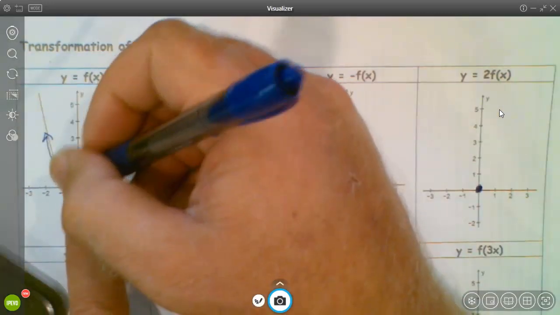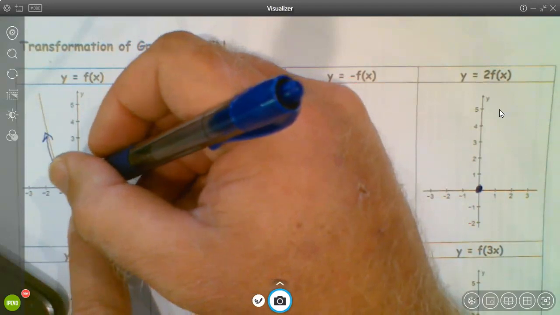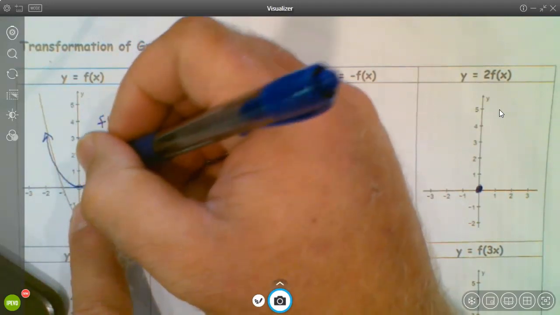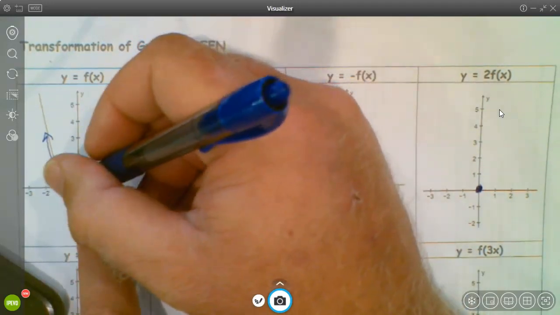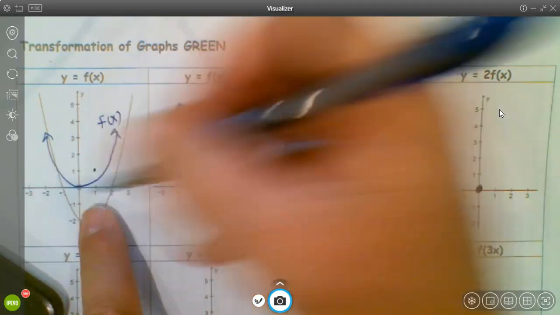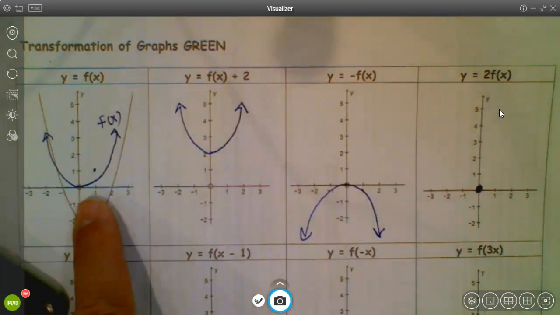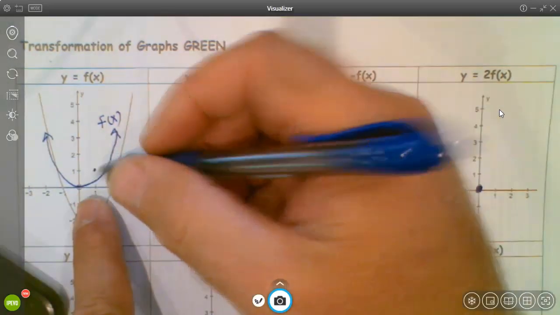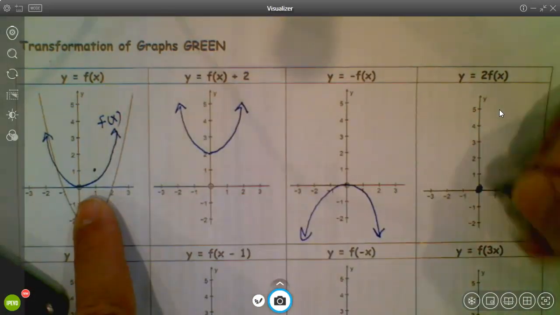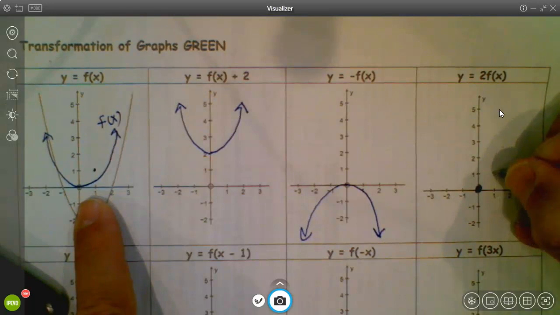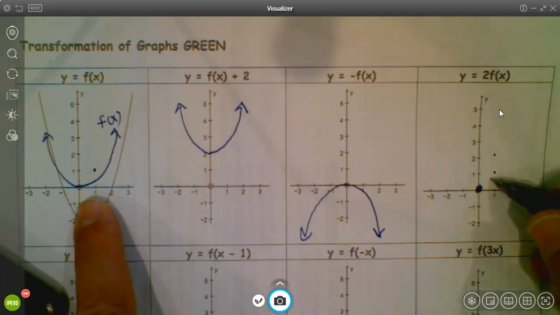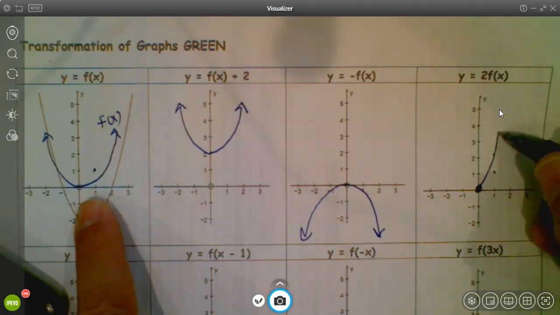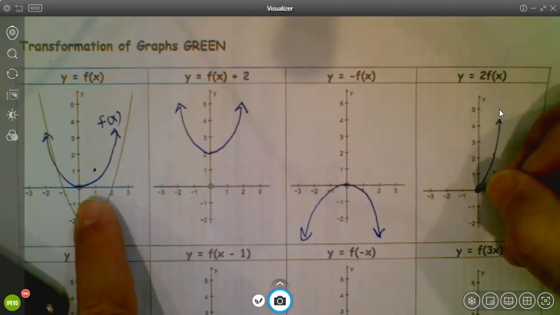If I had the point 1, 1 on my graph, which is where my parent function would go through, it would double the size of the y value. So 1, 1 would become 1, 2. Instead of being here, it would now be here. The original one was wider, and the new one would become skinnier. So this is a vertical stretch of the original graph.